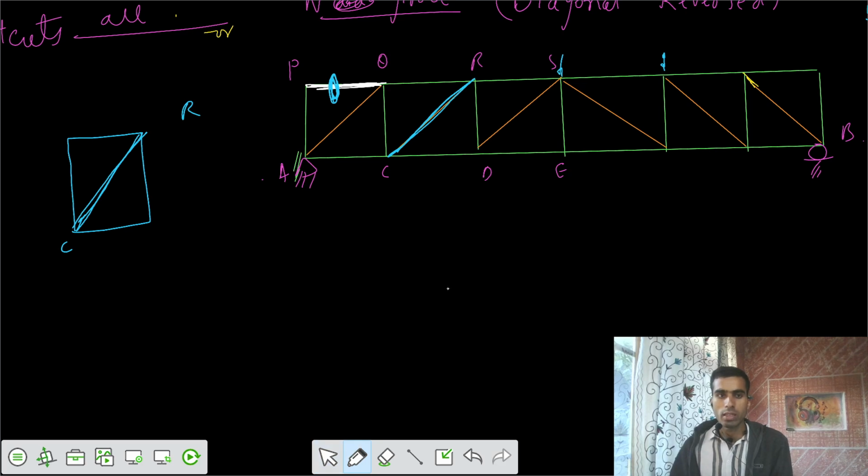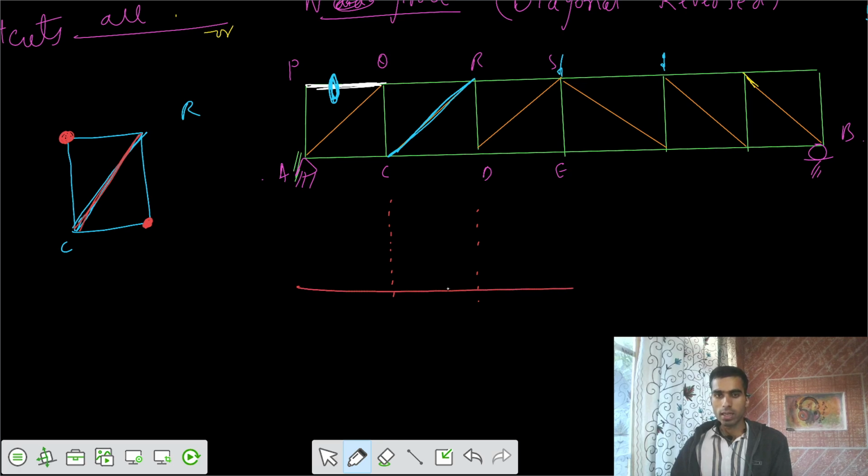What are the two opposite points of this RC? Out of these two triangles, we have to get the opposite ordinates of this RC. I would say these two joints would be the critical locations, one at the level of C and one at the level of R.